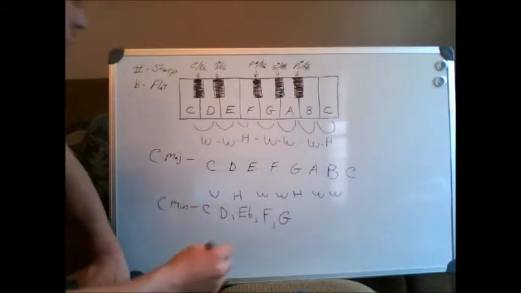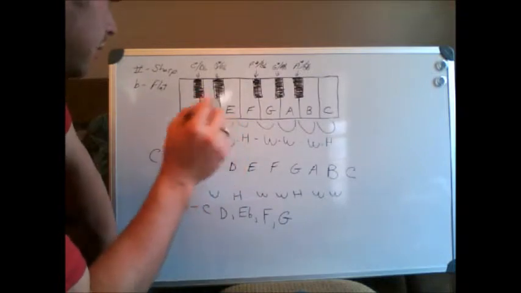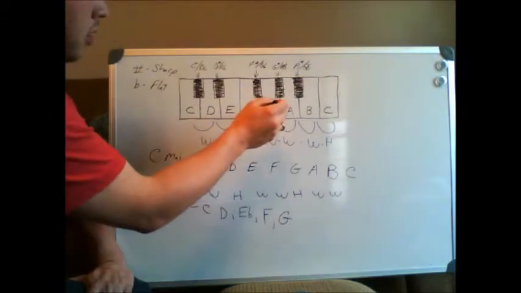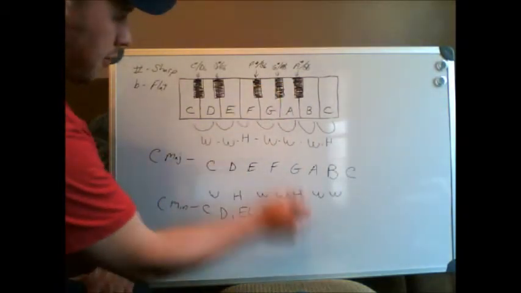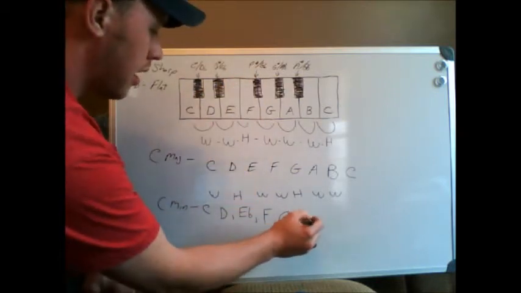Okay. Then we go to the fifth note. We're only going a half step this time, so we're going to go from the G up there, which is the A flat. Remember, we don't want to call it a G sharp because we already have a G in the scale, so that's A flat.